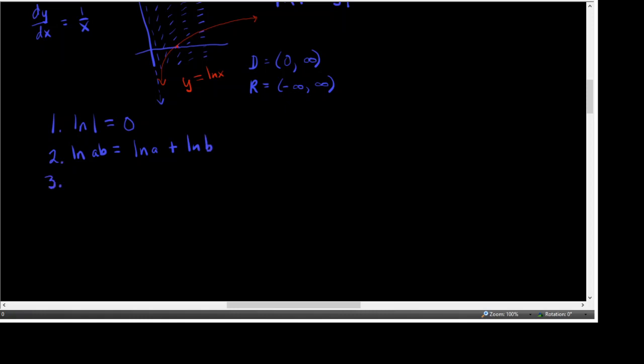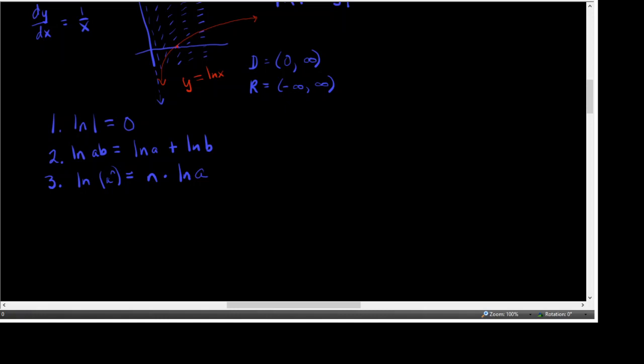The natural logarithm of a power is a product of the exponent on that power multiplied by the natural logarithm of the base of that power, so n times ln of a.